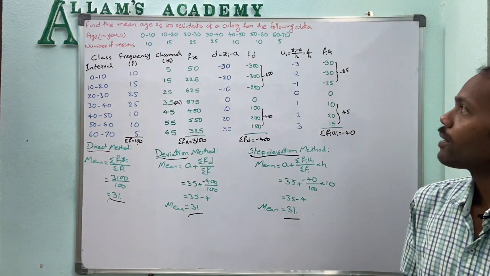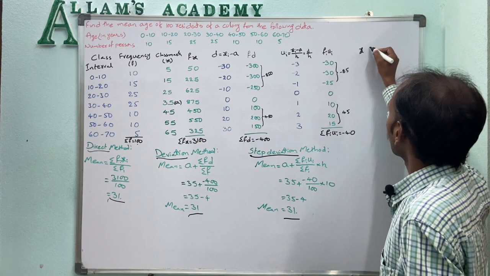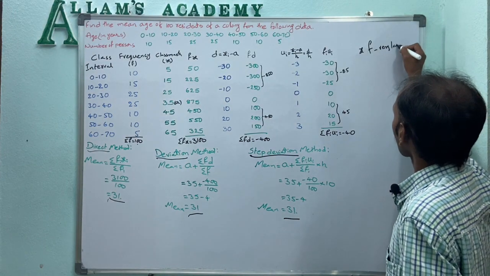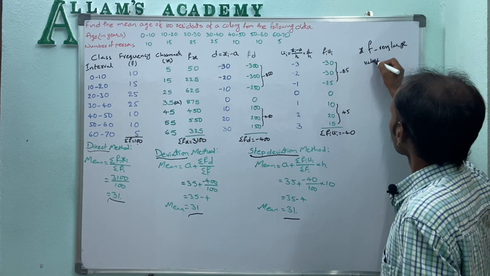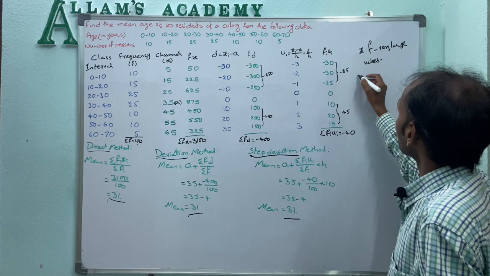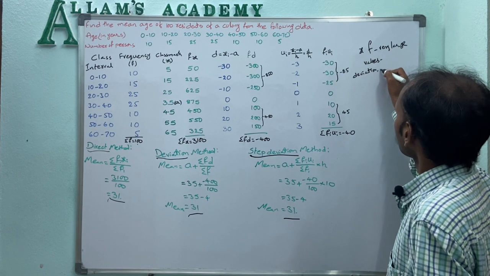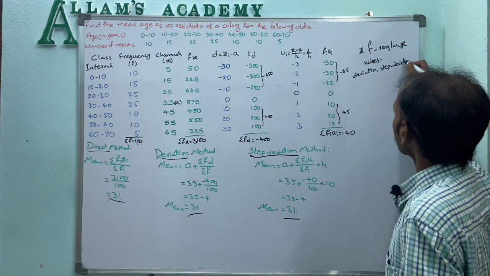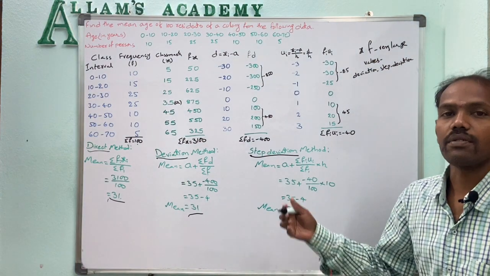If the class marks x and frequencies are very large values, then we use the deviation method or the step deviation method. Any of these methods we can use to solve the problem simply.